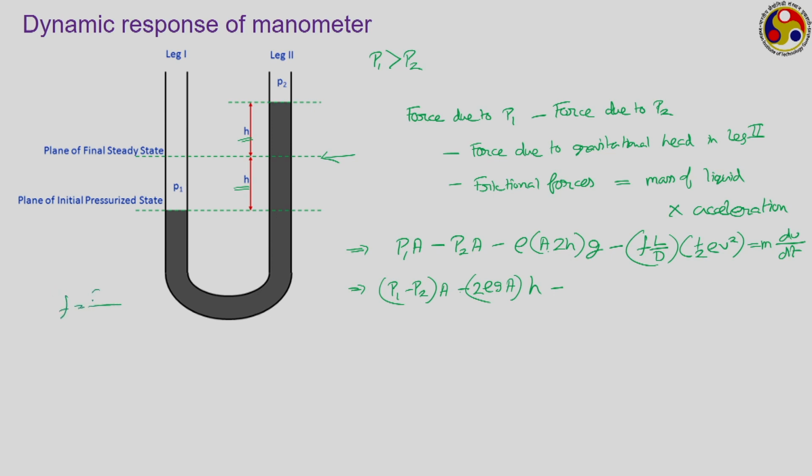So, that F can be represented as 64 by Re, that is 64 by rho v d by mu.